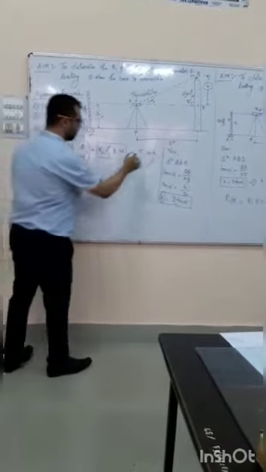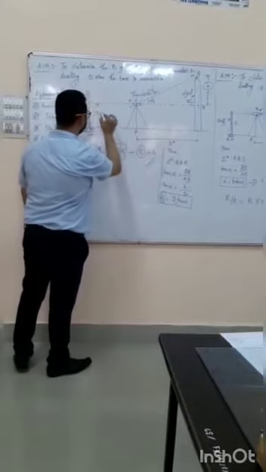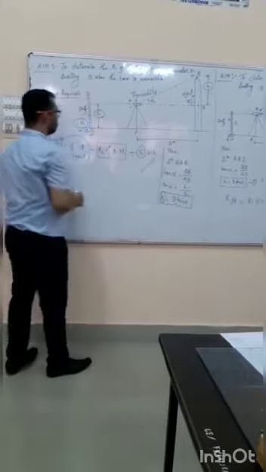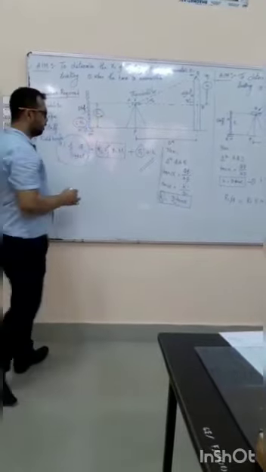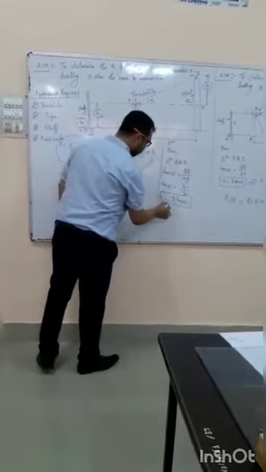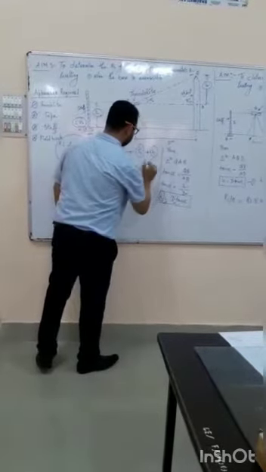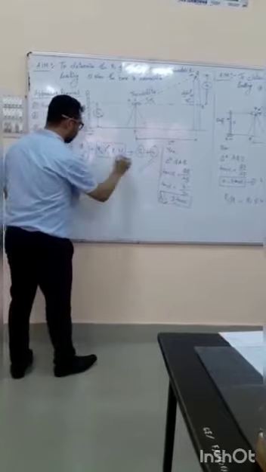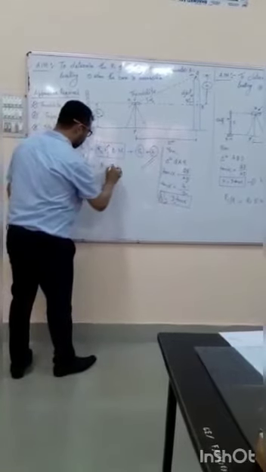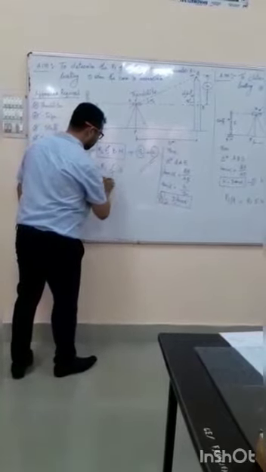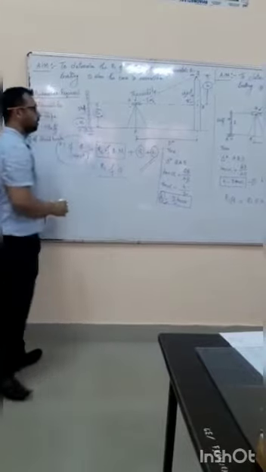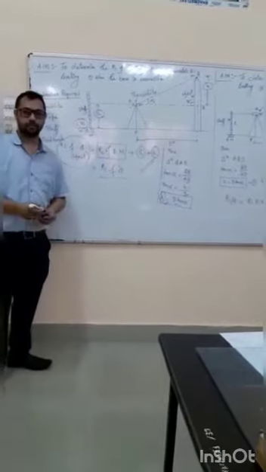Then we add the staff reading S1 that we have already measured in the field, and the H value we have calculated. After the addition we will get the RL of Q, that is the top of the object. Thank you.